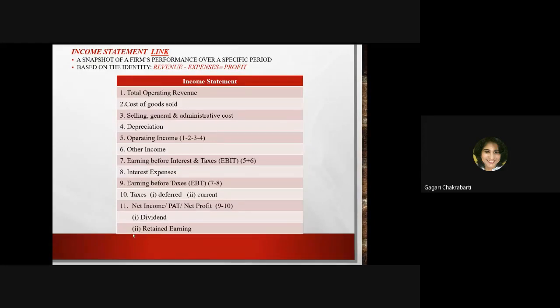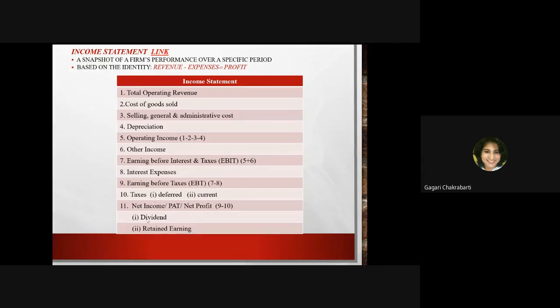So here this net profit can be either paid as dividend or it can be retained. Now, this dividend and retained earning may come in many different proportions.